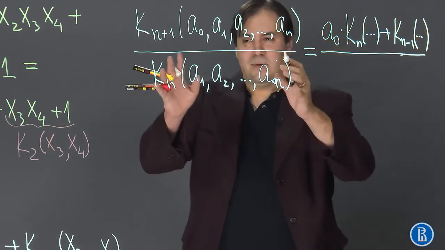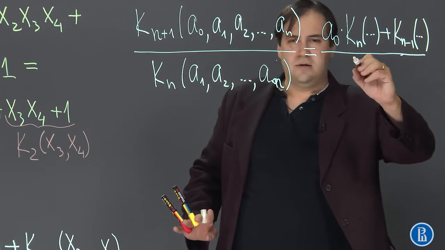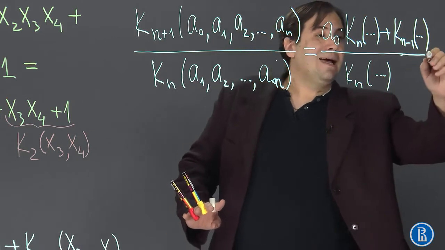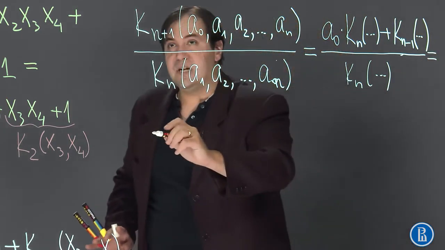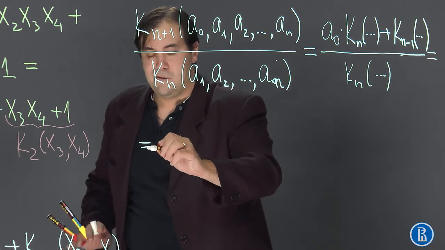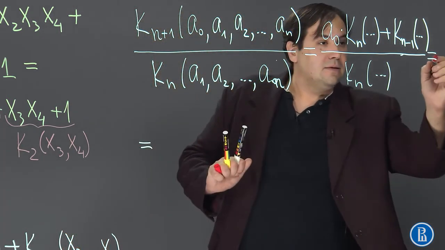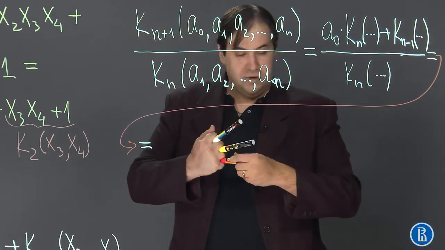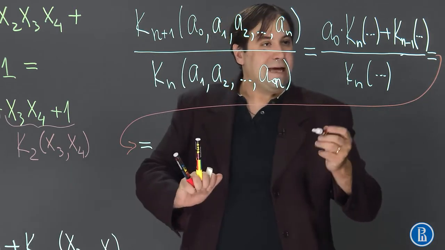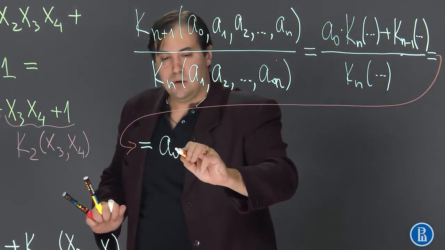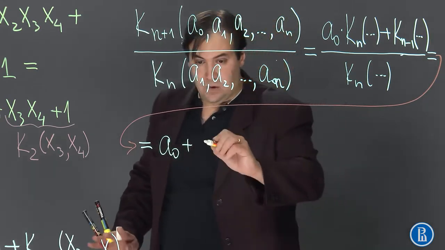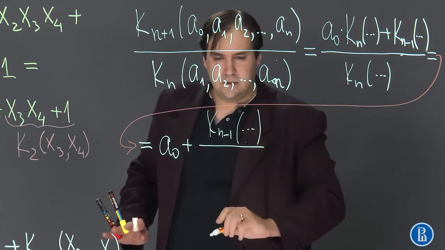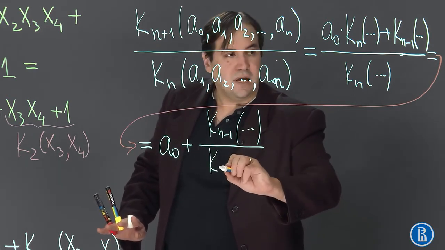And we will not touch the denominator, it will still be Kn of all these variables. And now notice that this can be transformed into a0 plus a fraction Kn minus 1 over Kn.